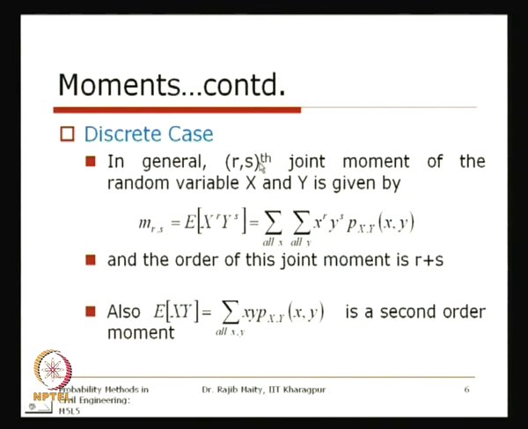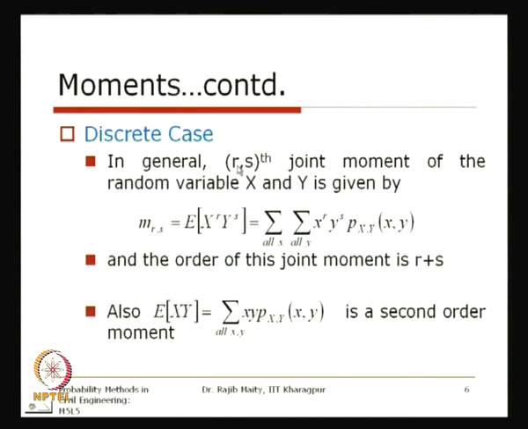But when we are considering more than one random variable, and here we are taking the bivariate case first, when we describe joint moments we have to describe both of them. So, for x it is rth, for y it is sth. So, this is the joint moment of the random variables x and y. The orders r and s are respectively for the first and the second random variable. So, this is the way we describe this joint moment.